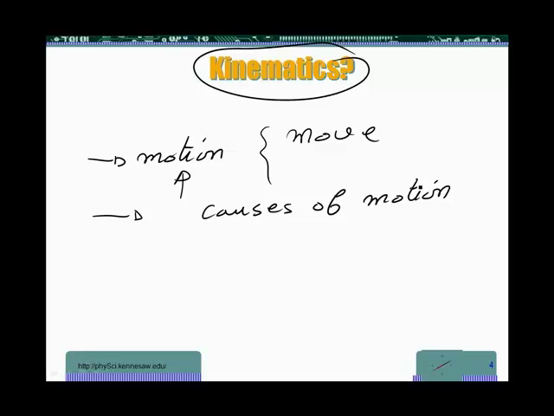When we study motion in general, we are going to do kinematics, but then also explain why is it moving at a constant speed, or why is it moving. Why is it speeding up? Why is it slowing down?